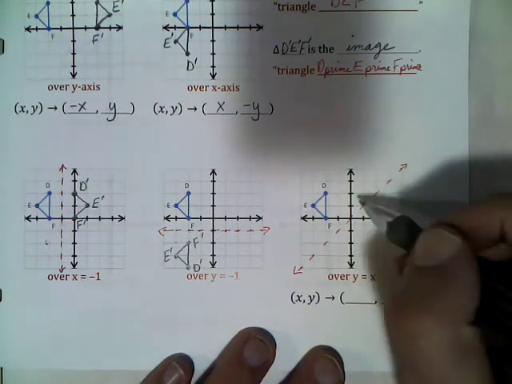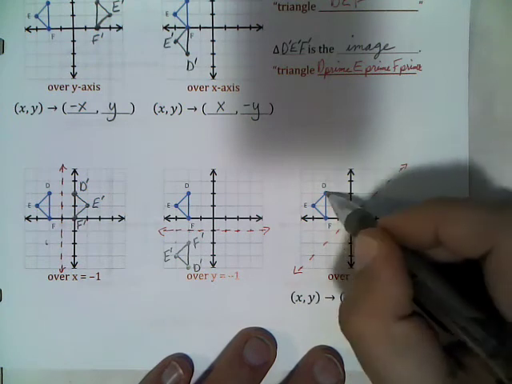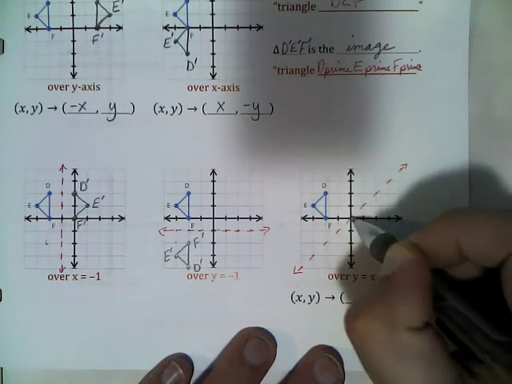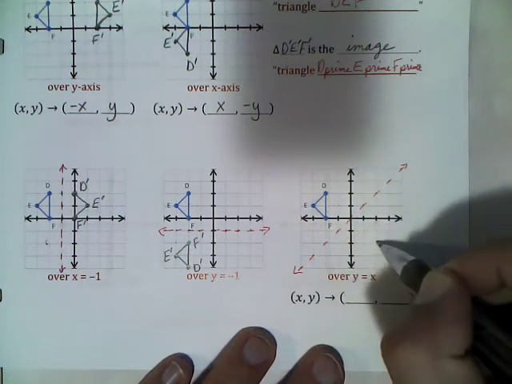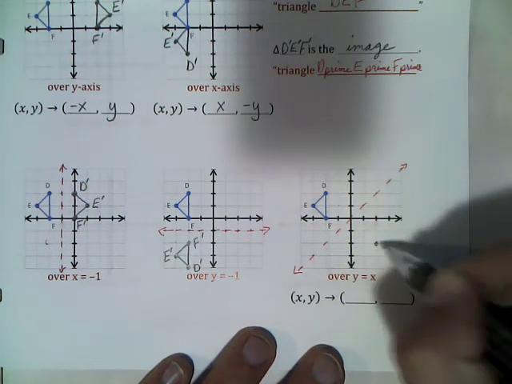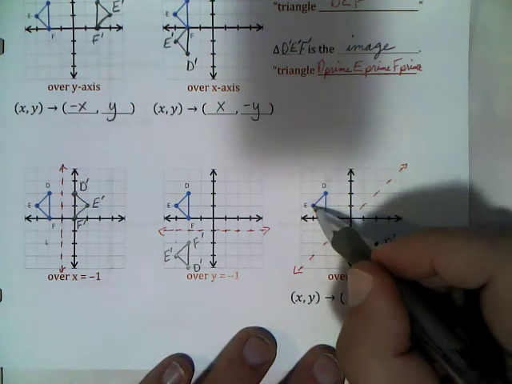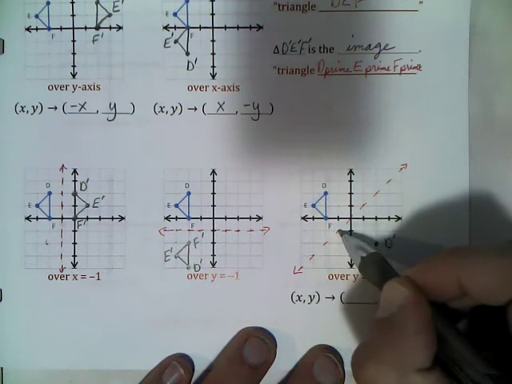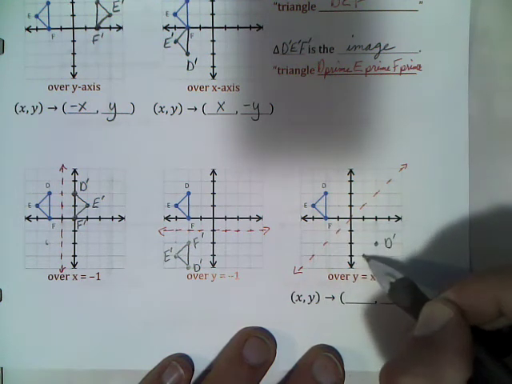It turns out that we're going to have to count diagonals. If we count diagonals, this is 2 diagonals to the line of reflection. So 2 diagonals on the other side would be my D prime. E is 2 diagonals on that side, so 2 diagonals, just keep moving through.